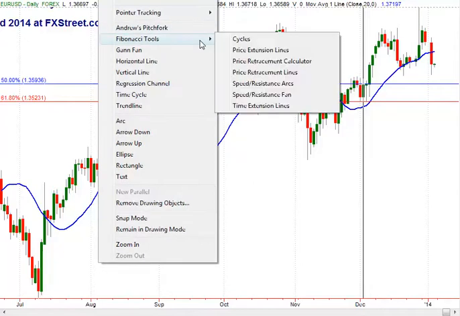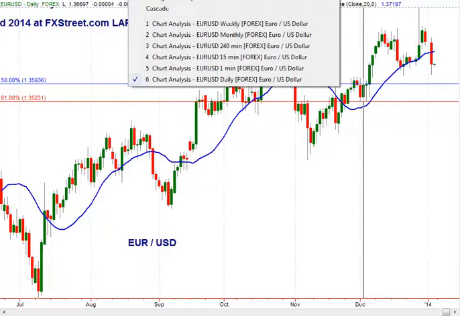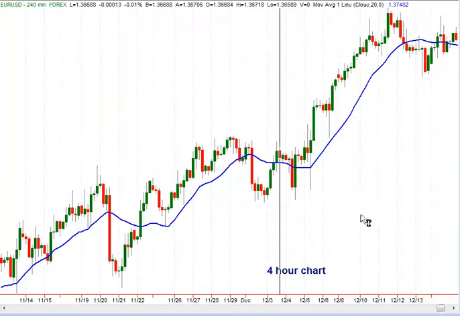I'll explain also why tomorrow. I'll also explain why I'm not now anticipating 141 to be touched, but this market is still a long in the weekly and monthly, and I'll show you that tomorrow.